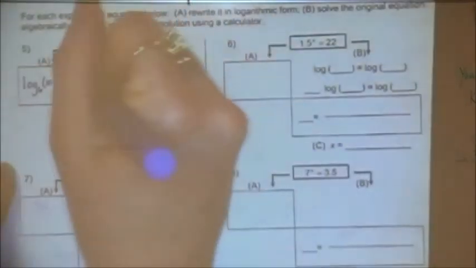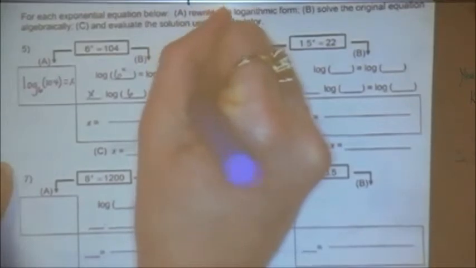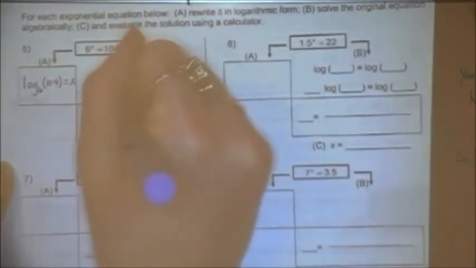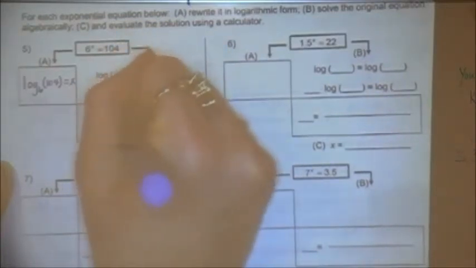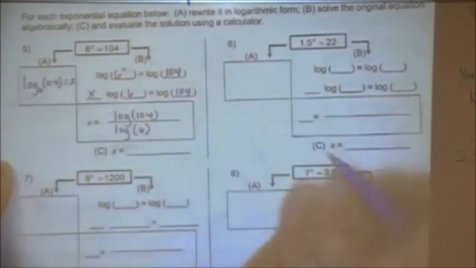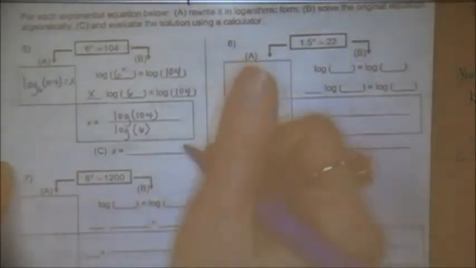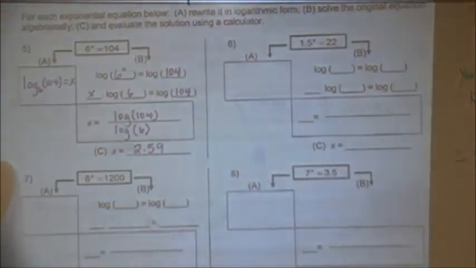The x gets to move to the front. And then you're going to divide. So I get x equals 2.59.